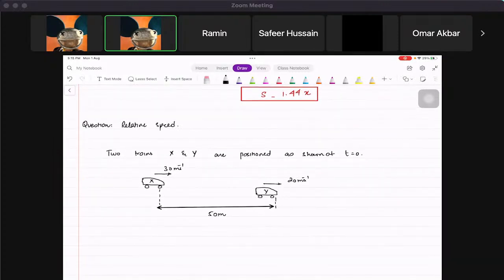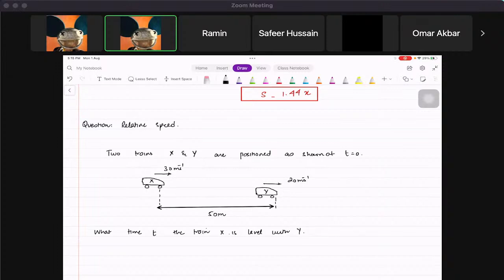So it says, at what time t is the train X level with Y?